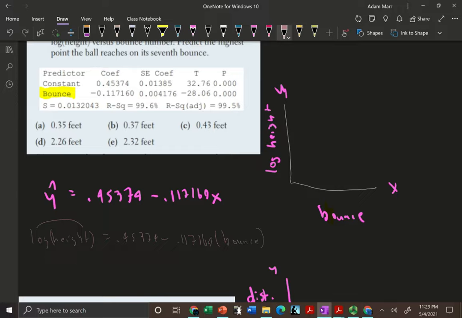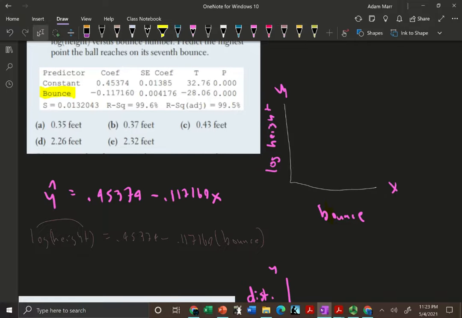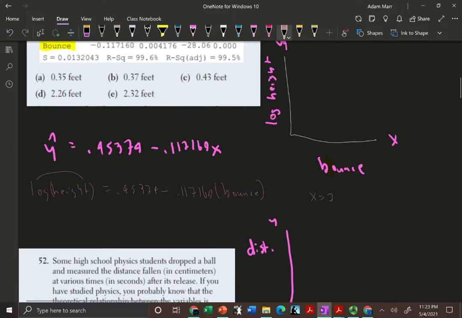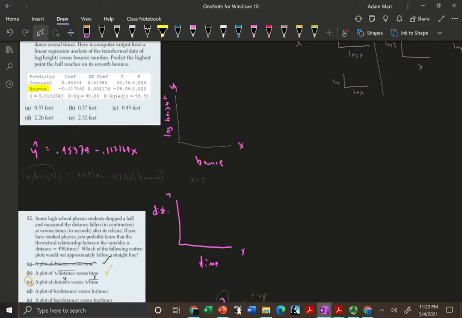We're trying to figure out the 7th bounce, so the bounce, which is x, equals 7. We're going to say that log of height equals 0.45374 minus 0.117160 times 7.